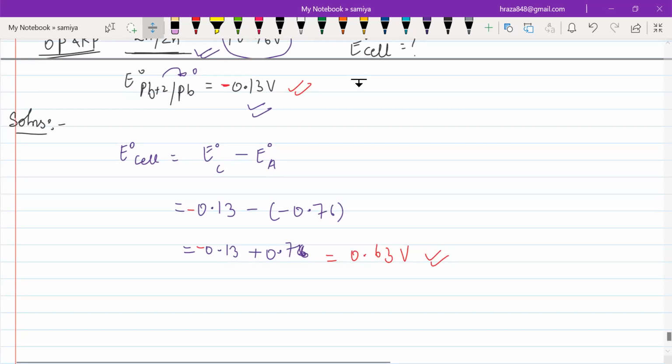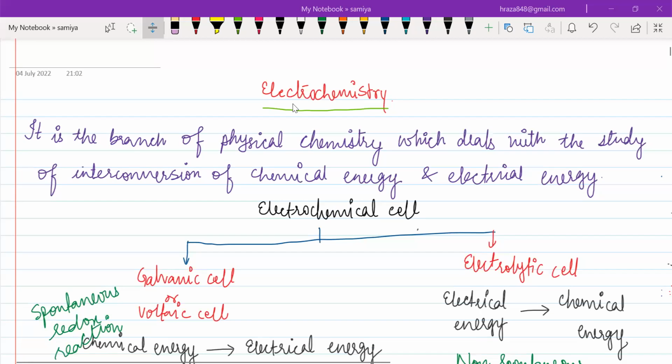Can you message me in the chat box? Sir, I can't send you the message, it's not getting sent. Can you see the chat box?